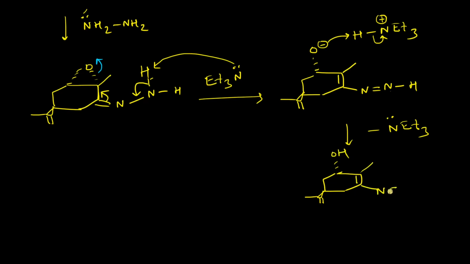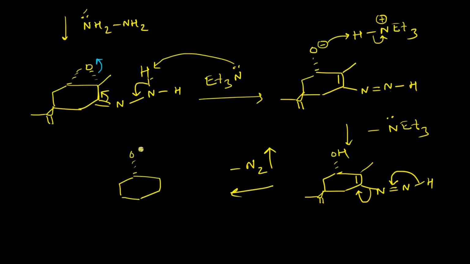And after that, this particular fragmentation takes place, nitrogen will eventually leave the system, which will provide us the corresponding allylic alcohol.